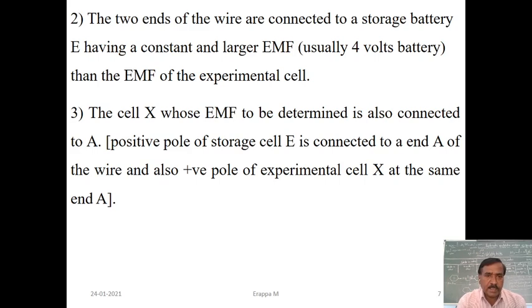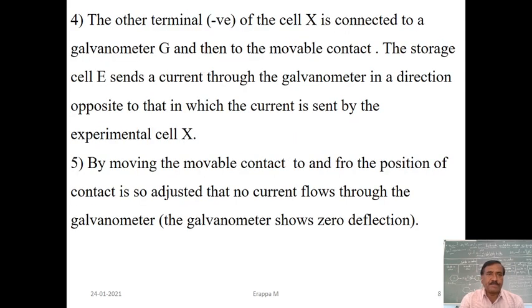The cell X, whose EMF is to be determined, is also connected to A. The positive pole of the storage battery is connected to end A of the wire, and also the positive pole of the experimental cell X at the same end A. The other terminal, the negative of the cell X, is connected to a galvanometer G and then to a movable contact.